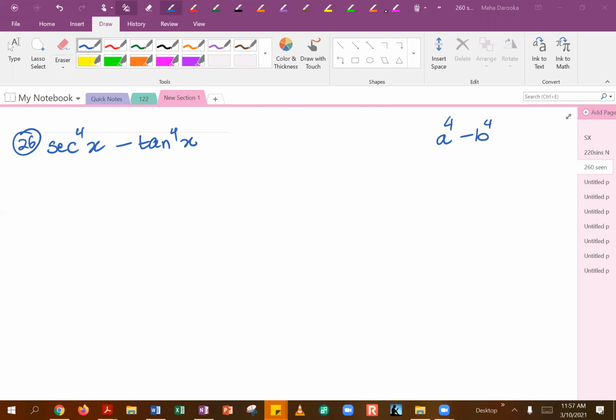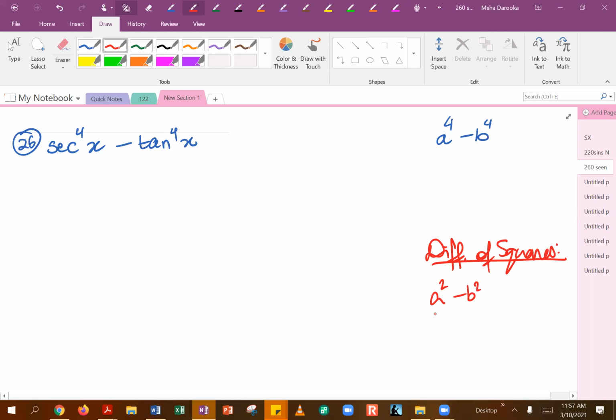So what's happening here, guys, is we're going to have to do a little bit of manipulation, because with the 4th power, what you can do, if you remember, is use difference of squares, which says that when you have a square minus b square, you can factor it into a plus b, a minus b.